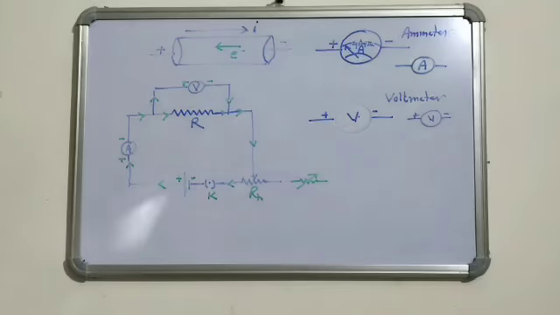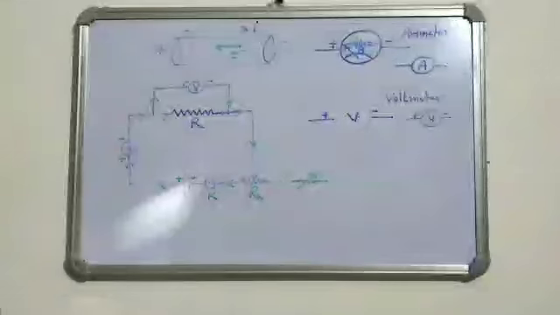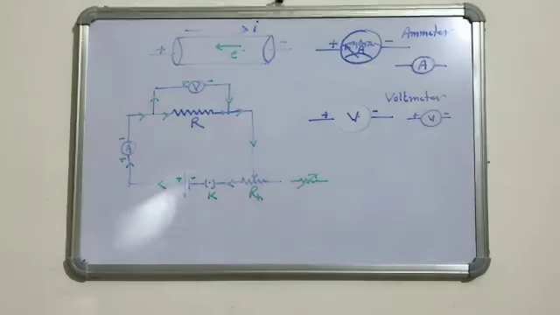Now I can explain what a conductor is. Those materials that can conduct electricity are called conductors. They conduct electricity because they have so many free electrons. They are good conductors of electricity.